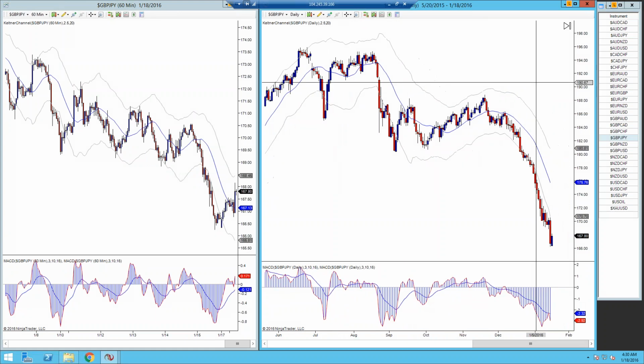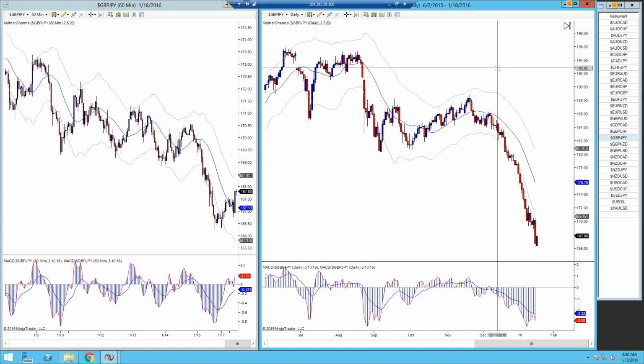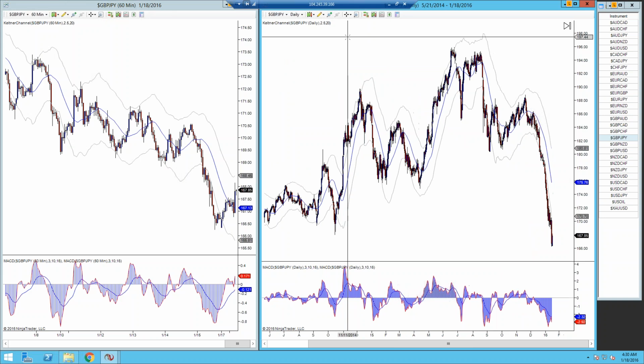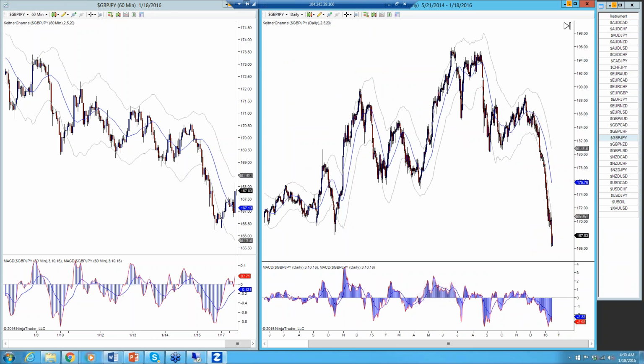GBP JPY. There's obviously some larger term patterns in here. So let me find it. Let me set it up for you and show you what we're looking at.